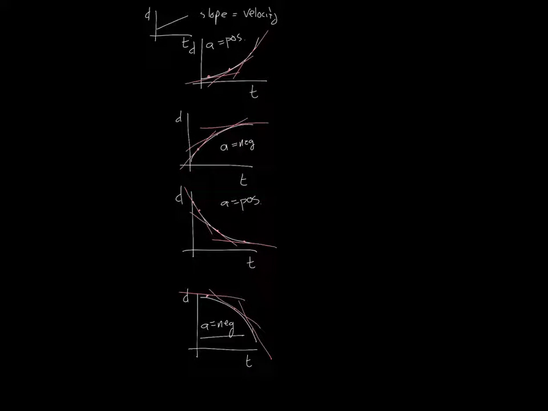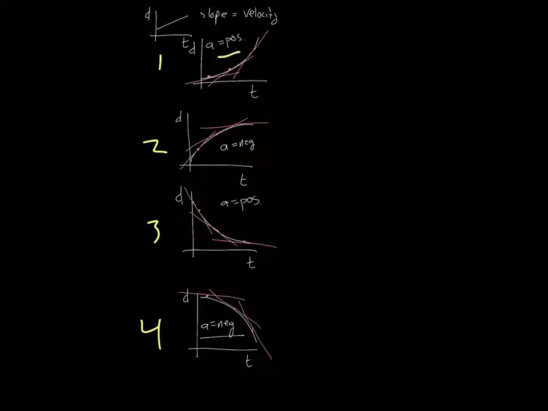So now let's look at all four of these together. As Grant hit on a second ago, we're going to talk about that relationship. Okay? So we have 4 different graphs. I'll number them 1, 2, 3, and 4. Which of these graphs are positive acceleration?